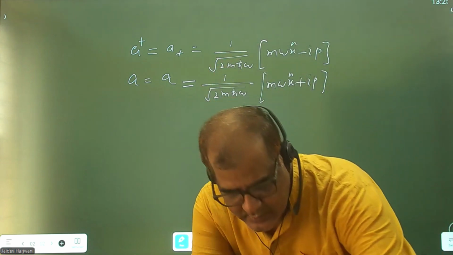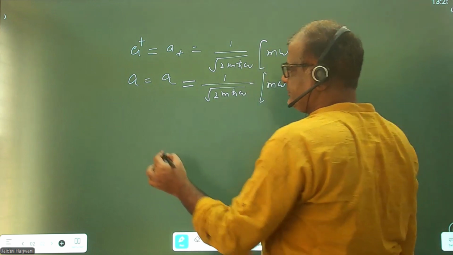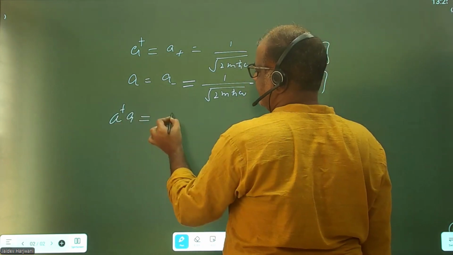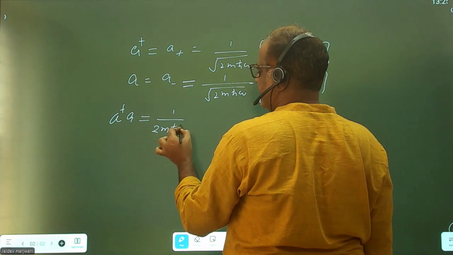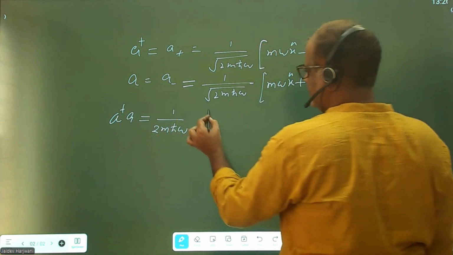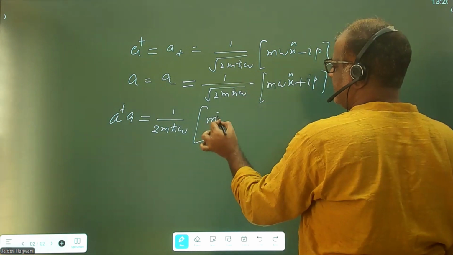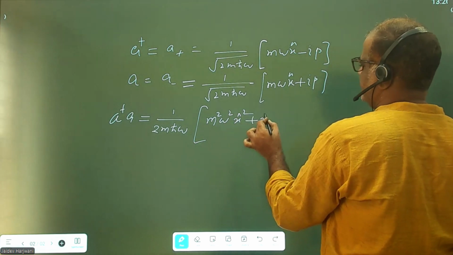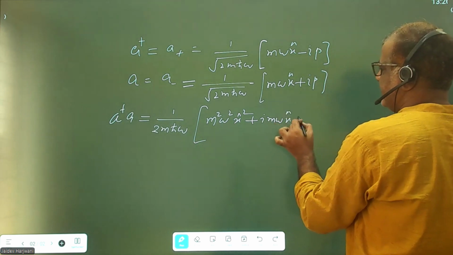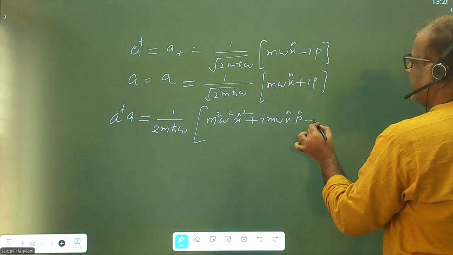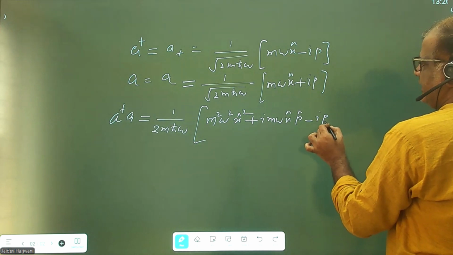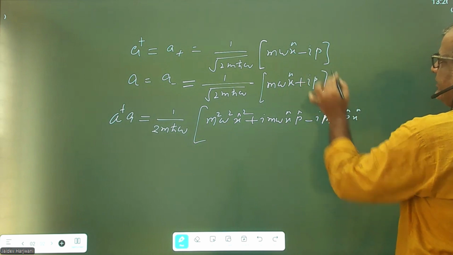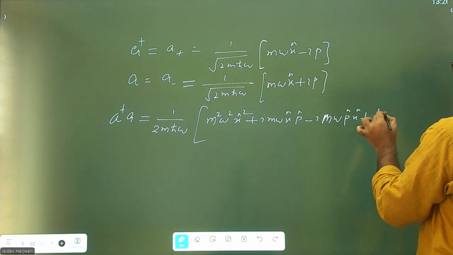Now let us calculate a dagger a. If I multiply, this will give me 1 over 2m h cut omega times m square omega square x cap square, plus iota m omega x cap p cap, similarly minus iota p cap m omega x cap, and plus p cap square.